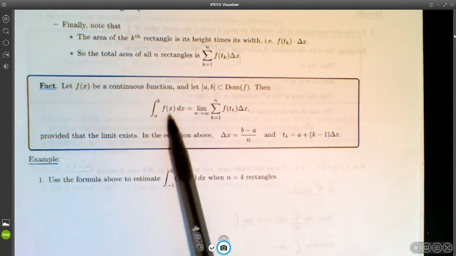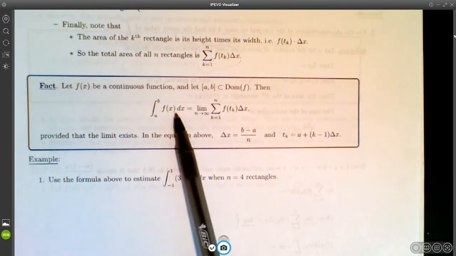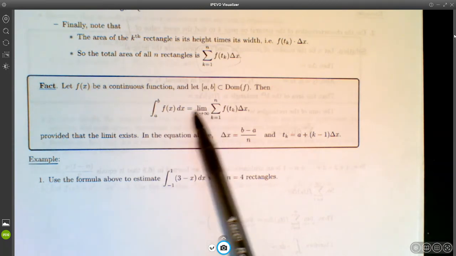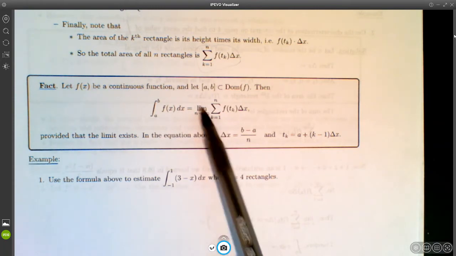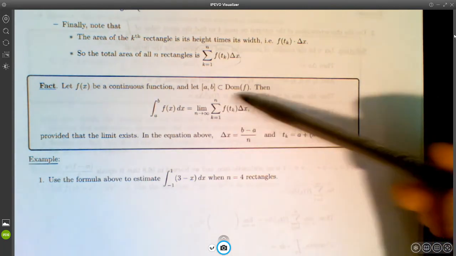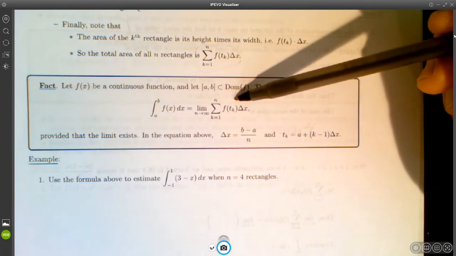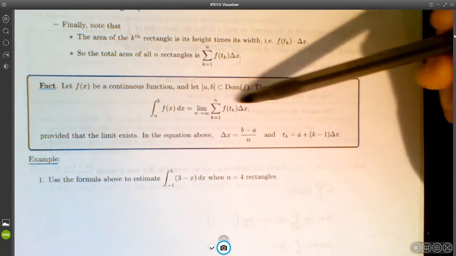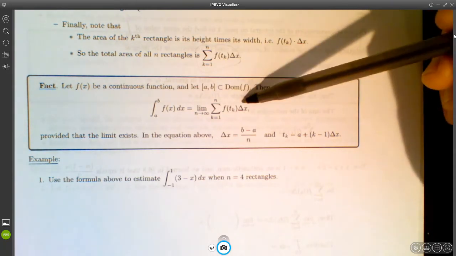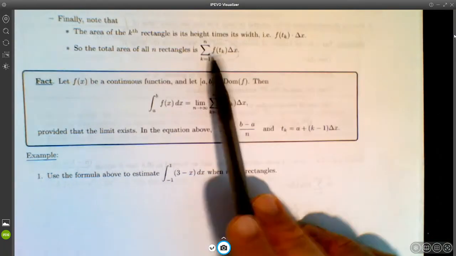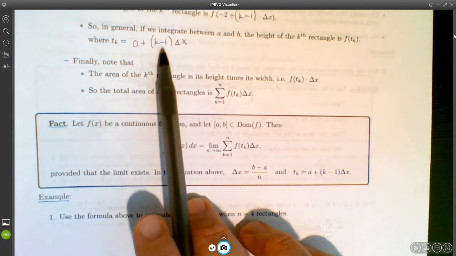If that's the case, then the integral from a to b of f of x is the limit as n approaches infinity, right? So you let the number of rectangles that you're using to approximate the area go to infinity. So it's the limit as n approaches infinity of the sum of all of the rectangles that we're using to approximate the area. So it's going to be the sum of all the height times width, f of t sub k times delta x, where t sub k is a plus k minus 1 times delta x, as we saw earlier.